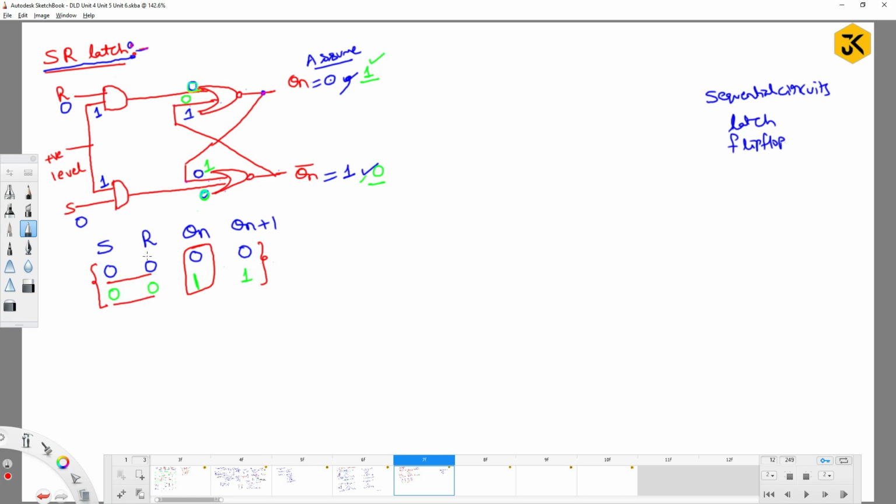If 0 is passing, 0 is obtained. If 1 is passing, 1 is obtained. So can I say that this is latch mode, or latch state, where the same output is held? Yes. So when 0, 0 is the input, the circuit works as a latch state. Okay, fine.